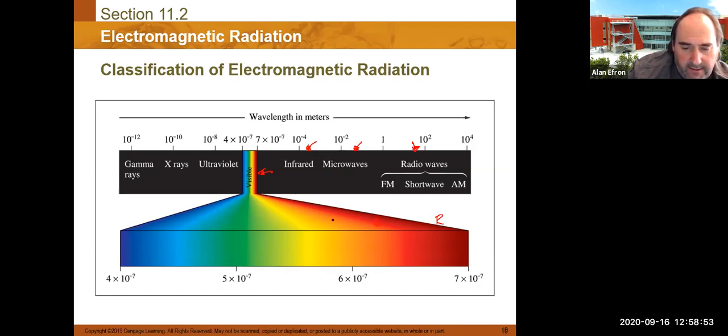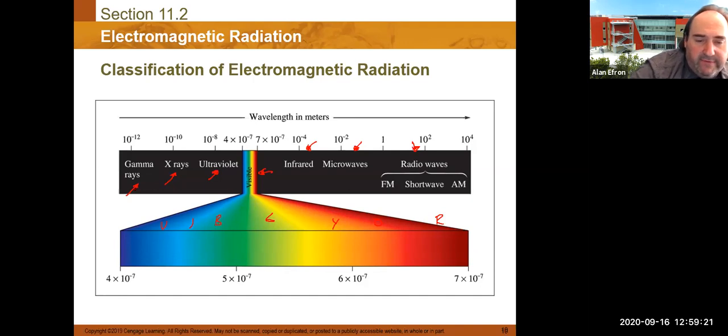So red, orange, yellow, green, blue, indigo, violet. And then past that, we have ultraviolet, which is UV, in that wavelength. We have X-rays, and we have gamma rays that we talked about, which is just really pure energy, right? Pure radioactive energy, very similar to neutrons, have no charge, very high in energy.